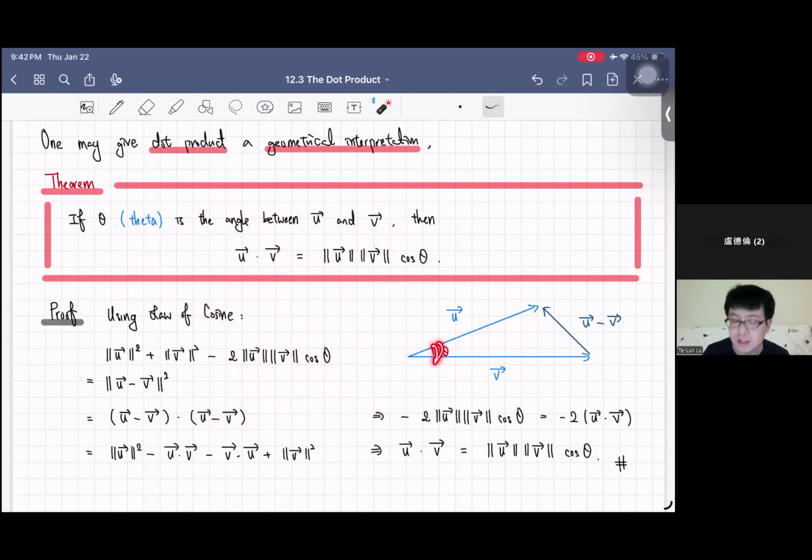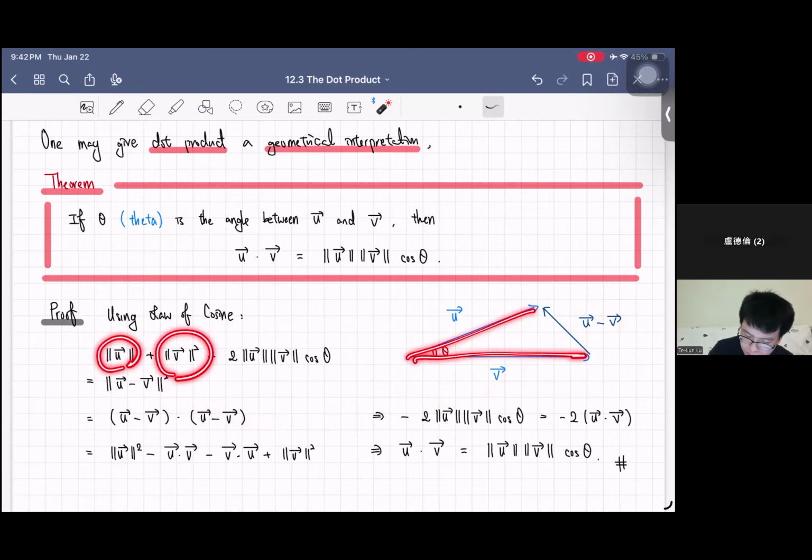So if I apply the law of cosine to this angle theta, then the magnitude of U minus V squared, the A squared we just mentioned, will be B squared plus C squared minus 2BC cosine theta, right? So that's the definition. Okay, now how do we proceed?